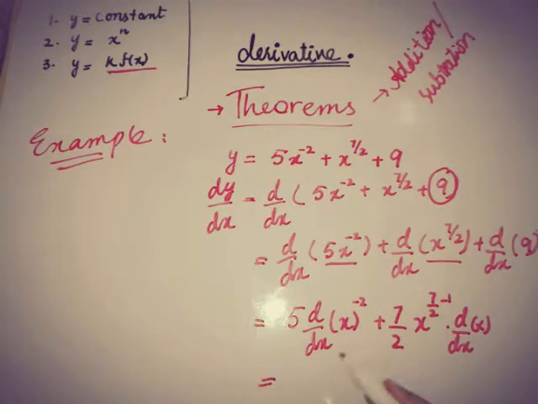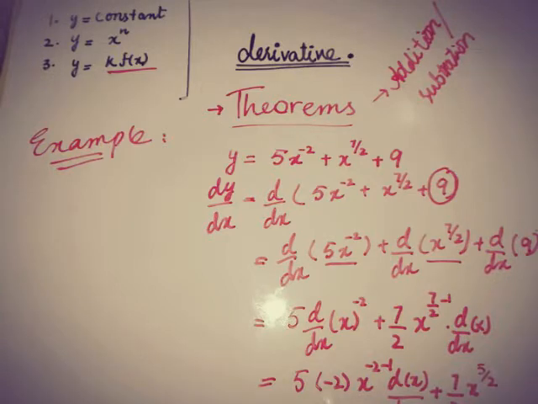So 5, we should apply the power rule here, minus 2 comes down, with a decrease in the power, then dx by x dx, and 7/2 times x to the power 7/2 minus 1, we get 5/2.